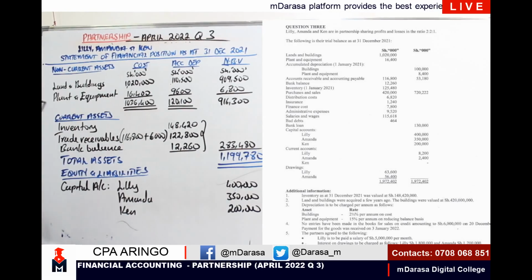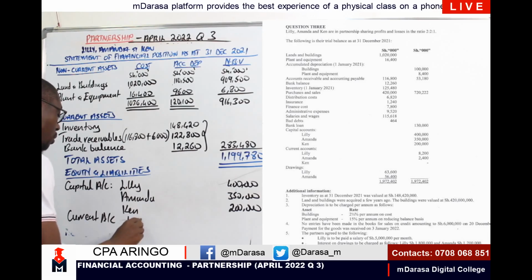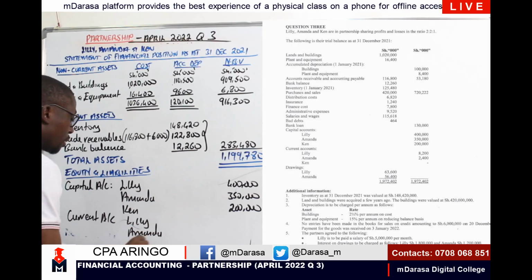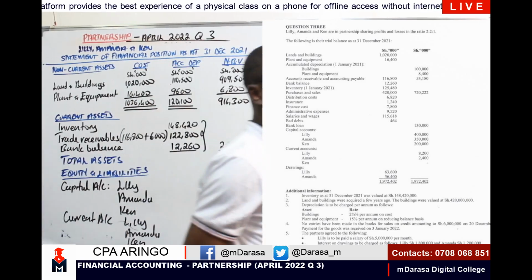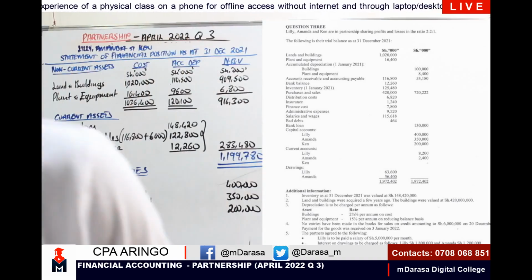What about our current accounts? Current accounts, still the same for Lily, Amanda, and Ken. That's why I mentioned that you should have written them somewhere. In my case, I had it somewhere, so that is where we are going to have it.